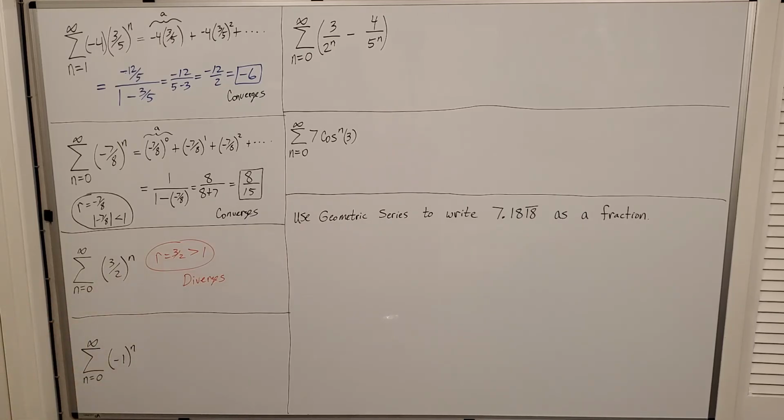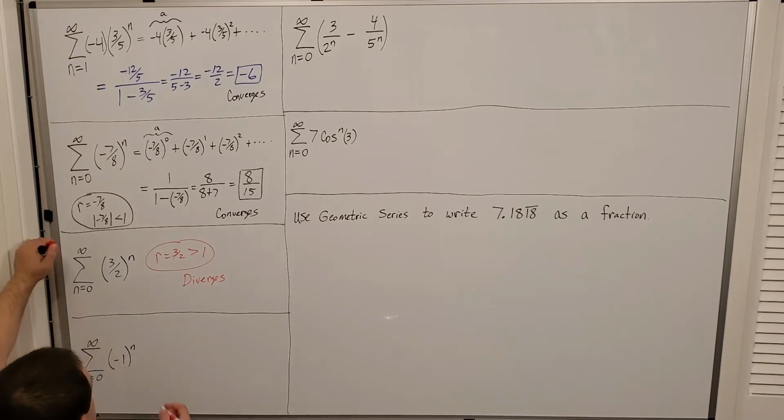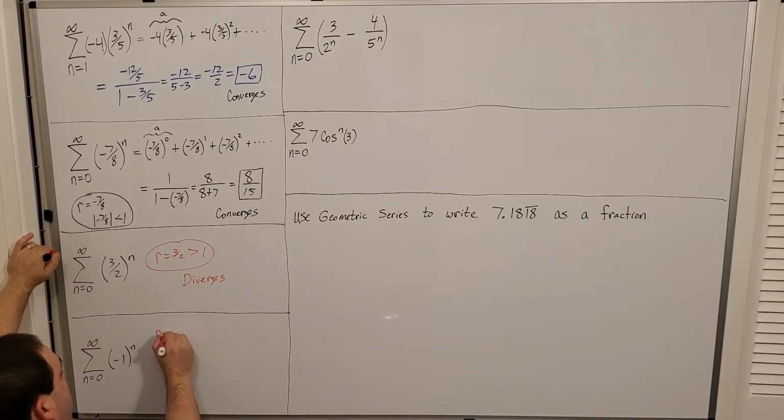On this bottom guy here, you've seen this one before. The sum of negative 1 to the n. We've already proven that this one diverges, but now I'm going to make it even easier on us. It's a geometric series because I have some number raised to a variable power. And you can see that r is equal to negative 1.